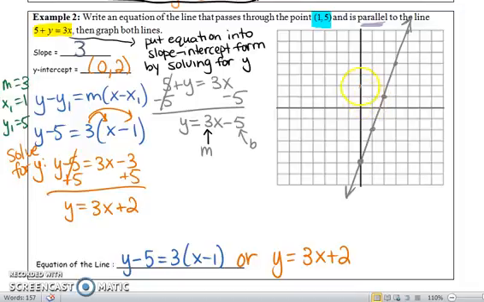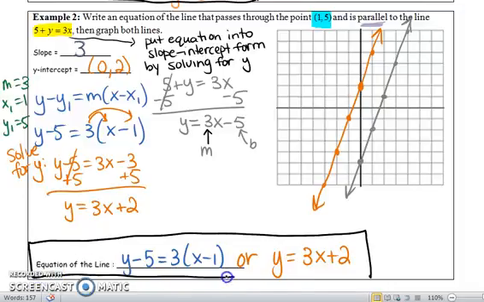Going to my graph, I'll go to the y-intercept of 2 and a slope of 3. Rise up 3 over 1, or I could rise down 3 to the left 1. And connecting all of those points, I now have drawn the equation of the line that runs through the given point.